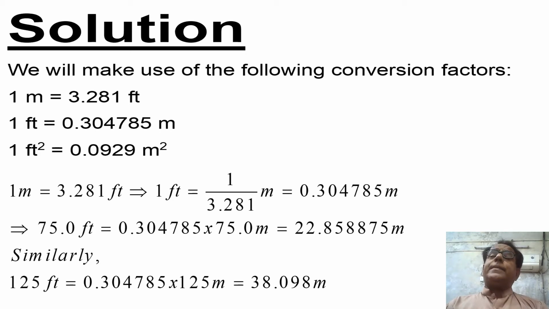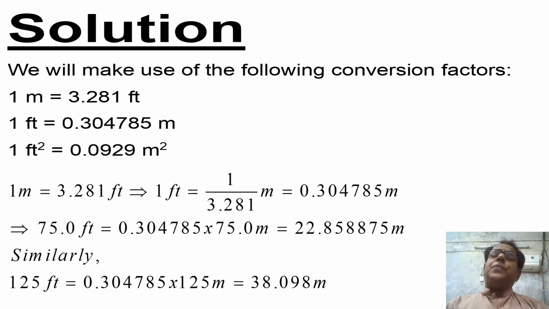Dear students, keeping in view these three conversion factors, we can say that even if we do not have the second and third conversion factor, we can derive them from the first conversion factor.